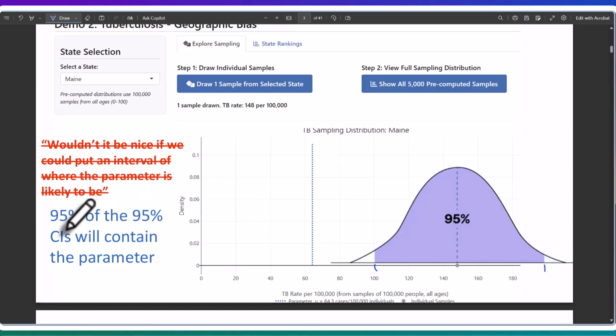The different interpretation was that 95% of the 95% confidence intervals will contain the parameter. So if I were to create a confidence interval between 100 and 200, over repeated sampling 95% of the time the parameter would be in there. And since the national average is not in there, we have sufficient evidence to conclude that Maine is above the national average.